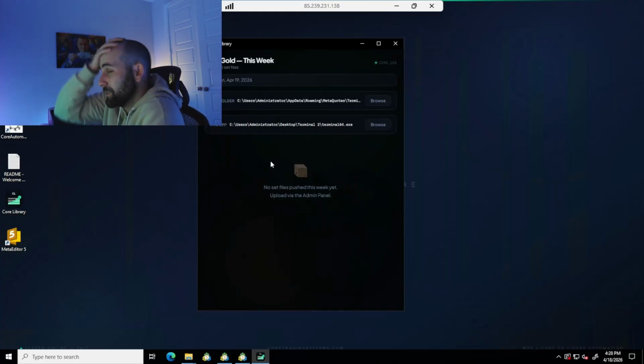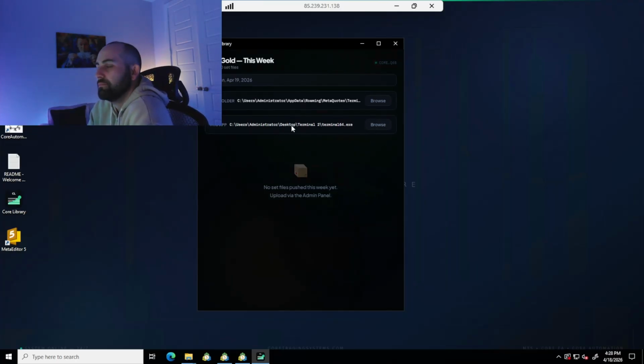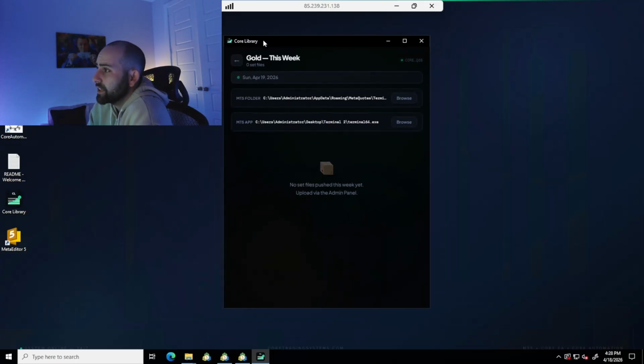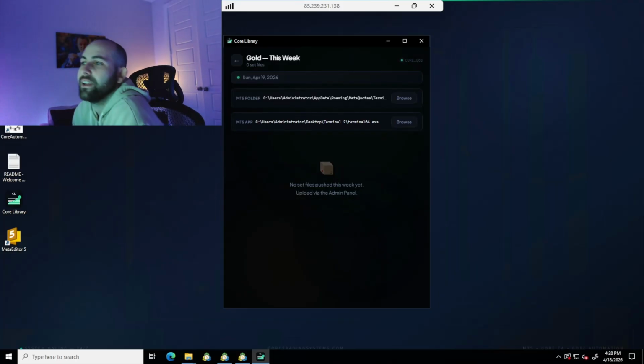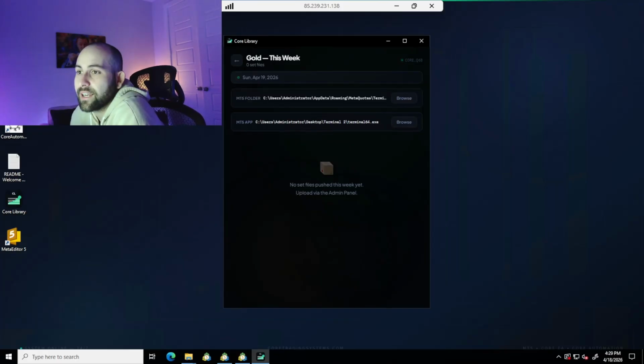Once the system tests, like you saw on the screen before, it will just put the set files here, and then you can just deploy it. Actually, let me see if I can override this manually, and then I can show you how it works, because I think it's going to be really good, again, as a different subscription for a different type of audience, because not everyone wants to test, like I said.